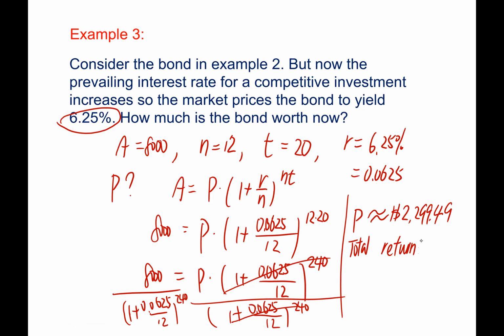So you're using $8,000 minus the purchase price. And now the total return here will be $5,700 and 51 cents.